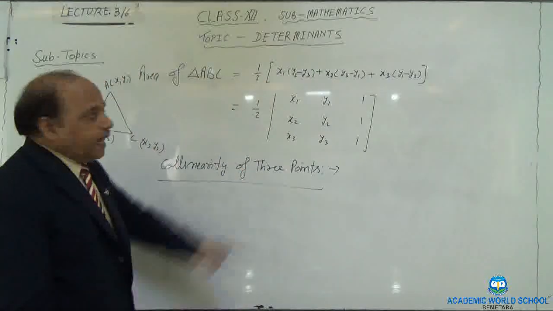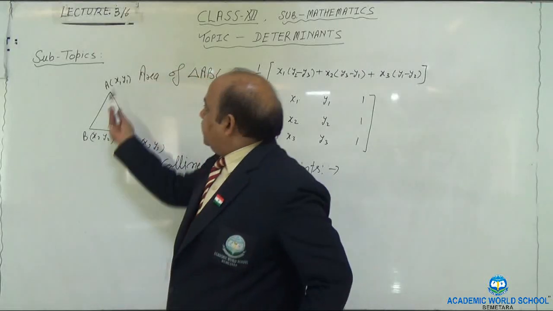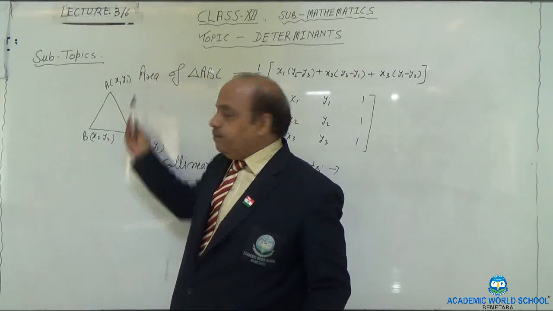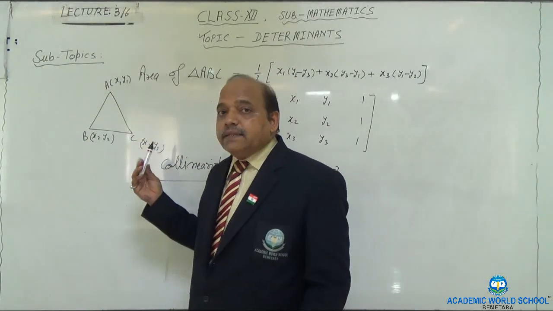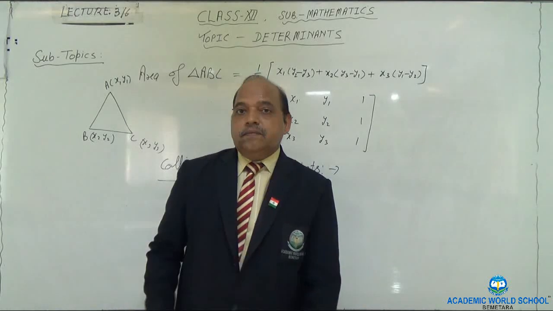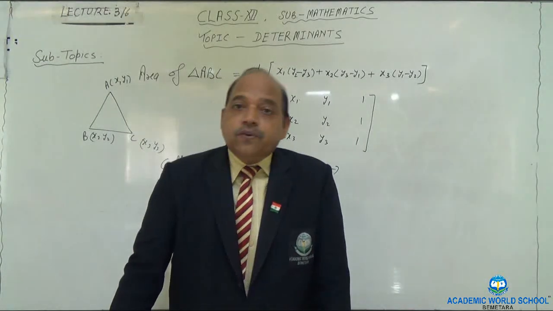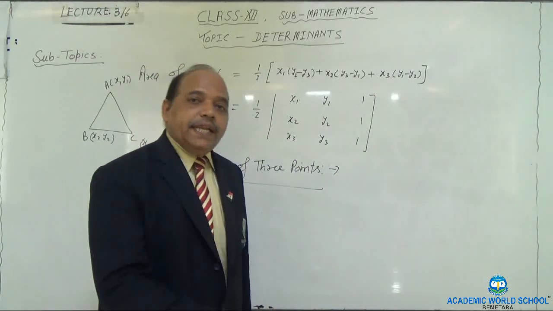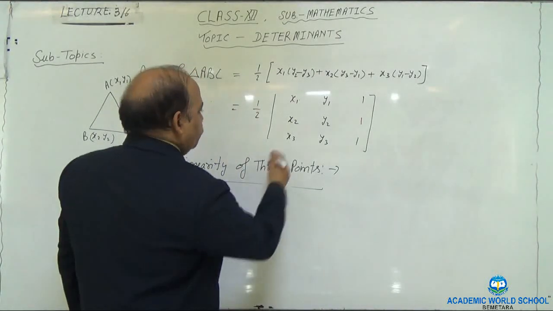So you can say that these 3 points, A, B, C, if their coordinates are x1, y1, x2, y2, x3, y3, and question says find the condition. Under what condition these 3 points will be collinear? So what will be your answer? These 3 points will be collinear provided the area of this triangle becomes 0. What does it mean?